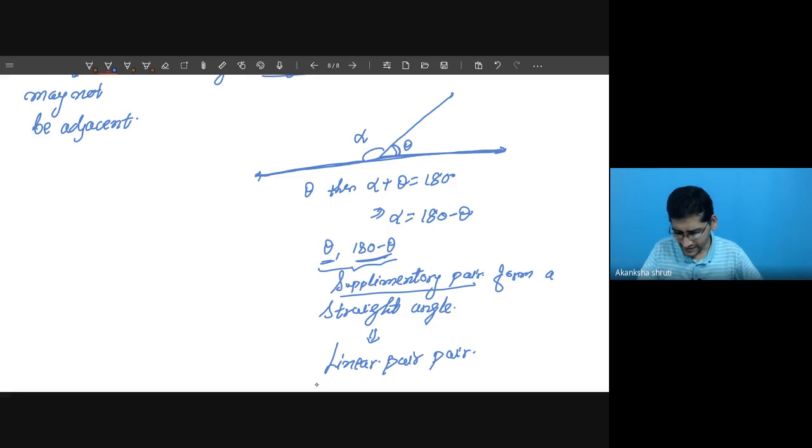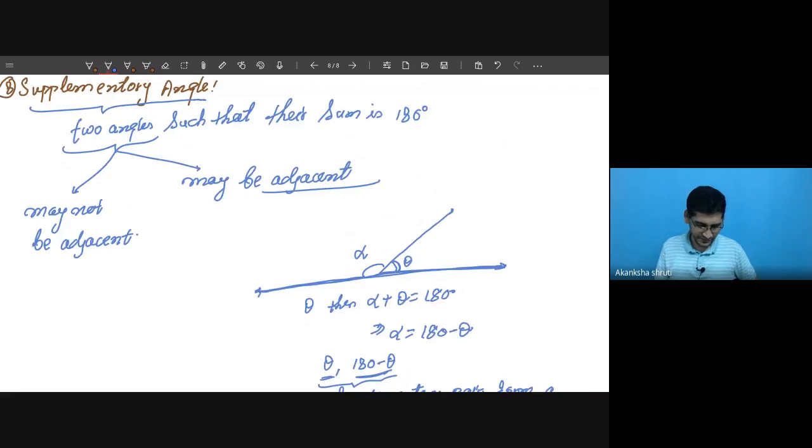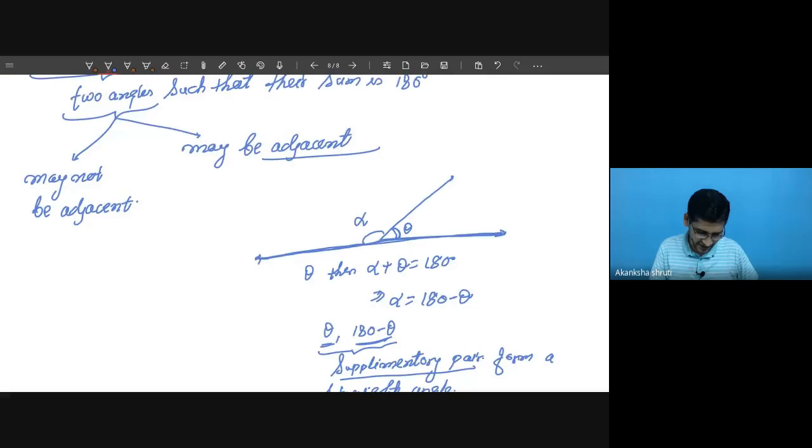So students, a linear pair is nothing but a special case of your supplementary pair. But it is also possible that two different angles are given whose sum is 180 degrees. For example, if I consider a rectangle, then this is your 90 degrees, this is also your 90 degrees.